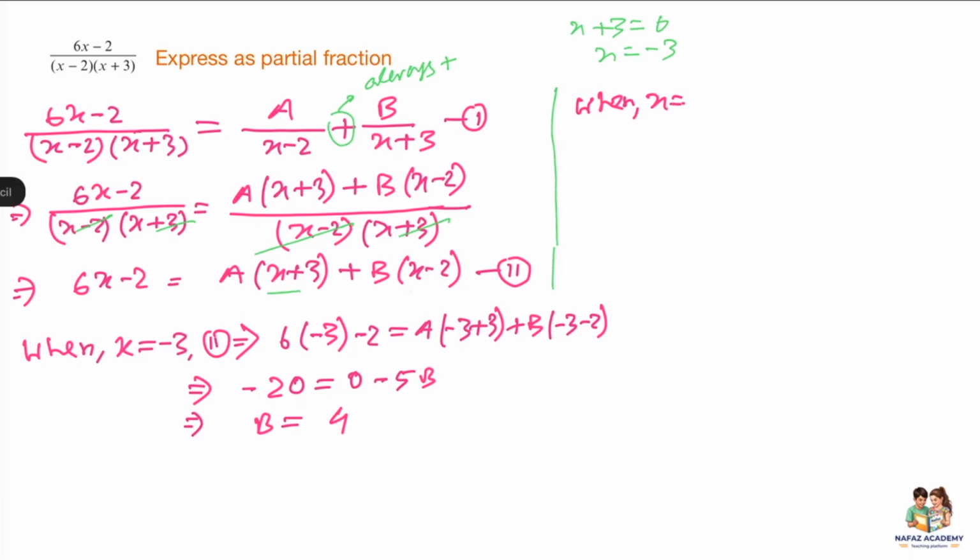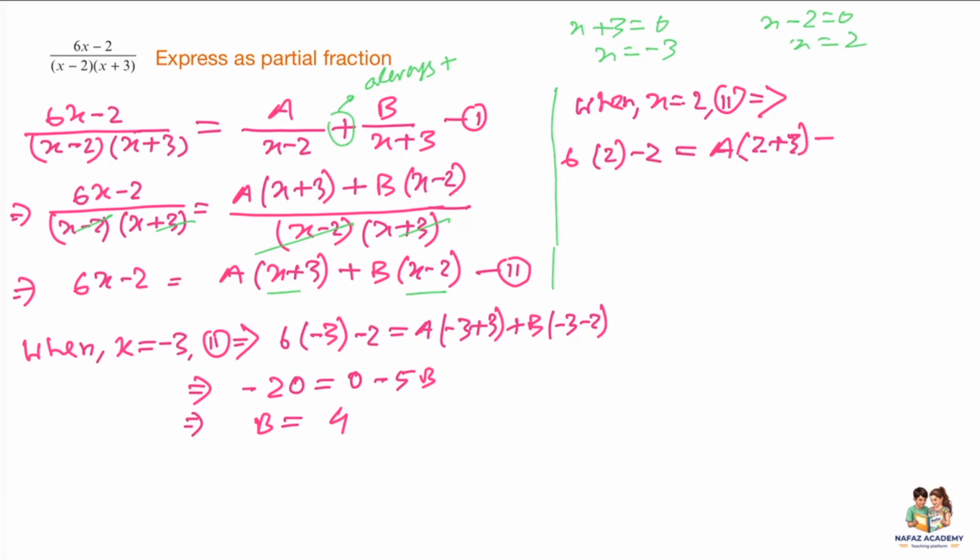Now the second part, the coefficient of B, x minus 2, right? x minus 2 equals 0. So x equals 2. Substitute x equals 2 in equation 2. 6 times 2 minus 2 equals A times.